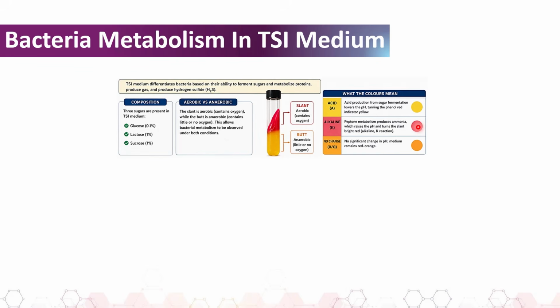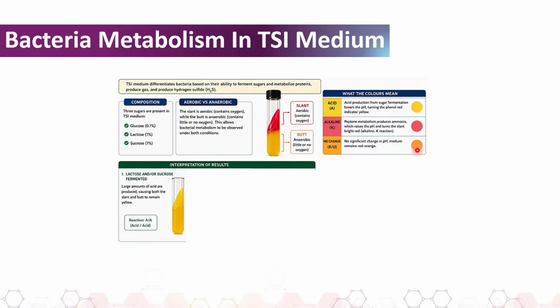And once this happens, the phenol red, which is the pH indicator, will change color from the orange to red to a deep or a bright red color as shown over here. And when there is no significant change in pH, the color of the medium remains unchanged, that is red orange as shown over here.